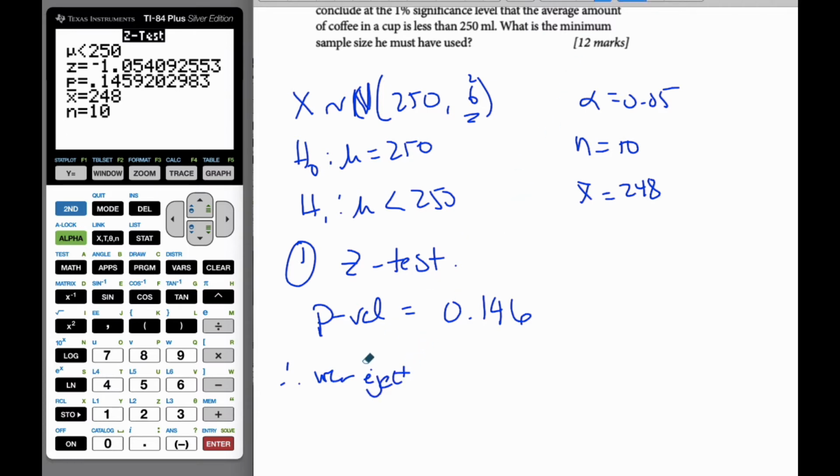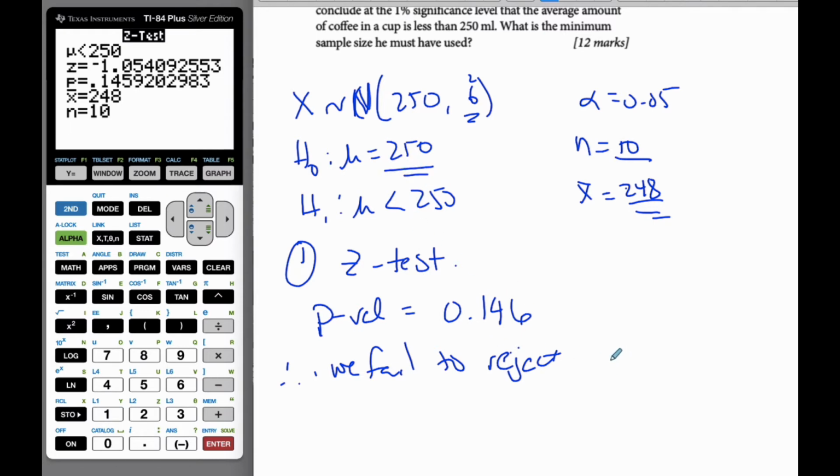So therefore, we reject. No, we don't. We fail to reject H0. Getting a sample average this small out of groups of 10 is not that uncommon, is what we're saying. So this could be a true statement.